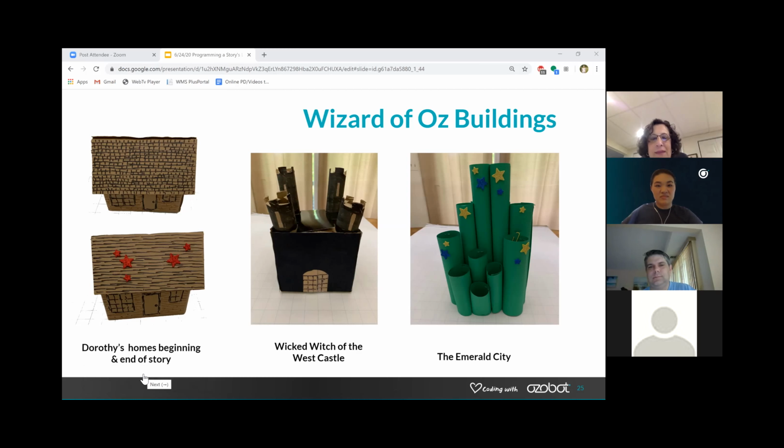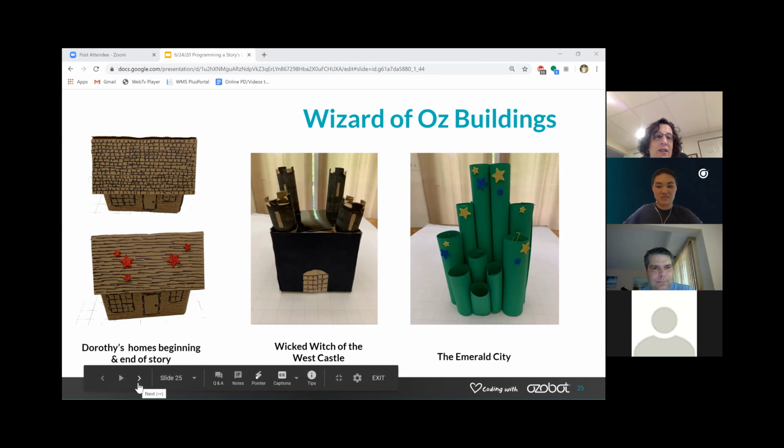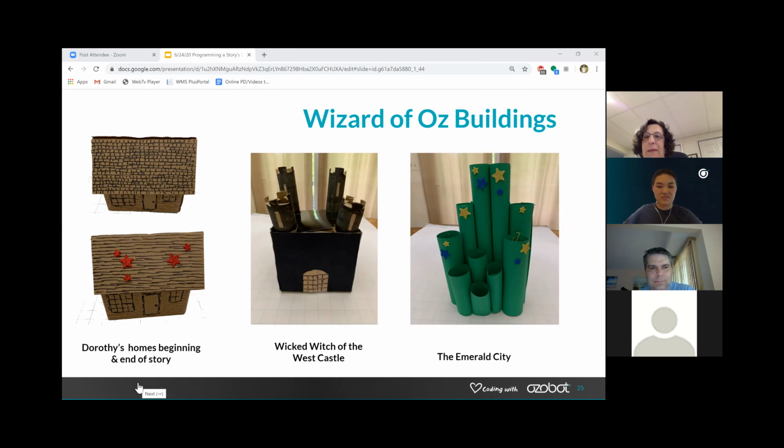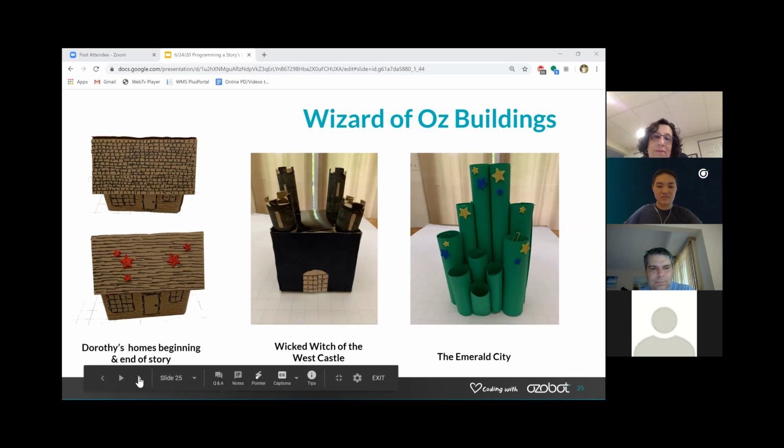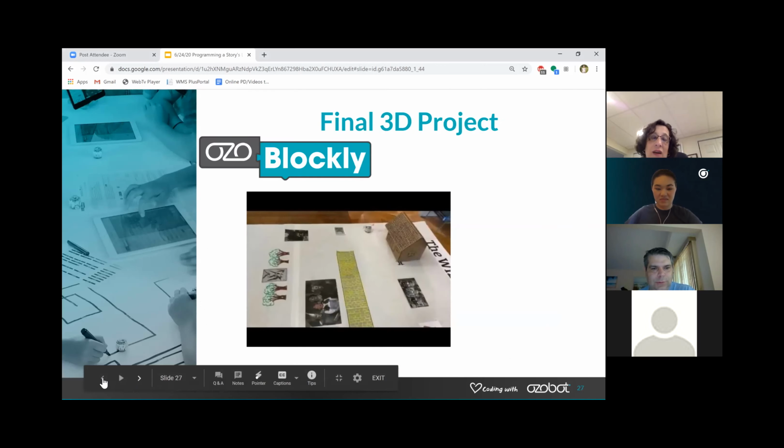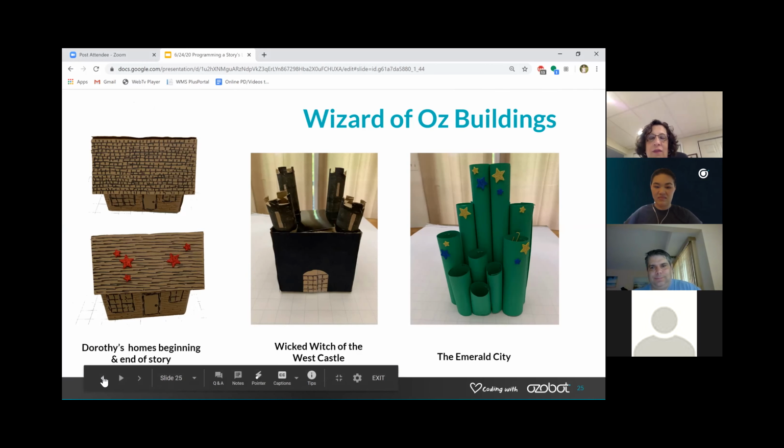Little problems like that. It was a lot for them, but I thought they did a nice job. They decorated red stars to match the ruby slippers for the house at the end, and they put stars on the Emerald City. And they made the Witch's Castle. I thought it looked pretty unique for a castle.